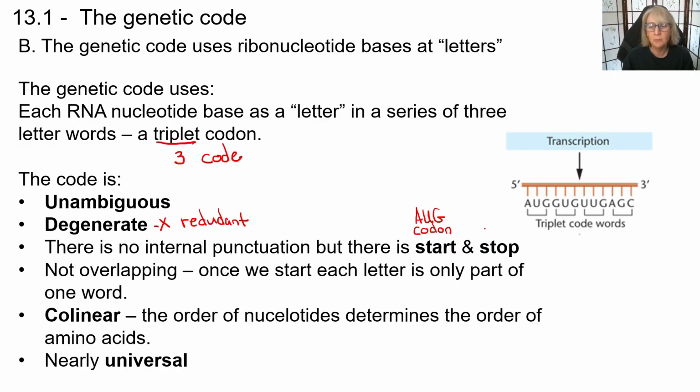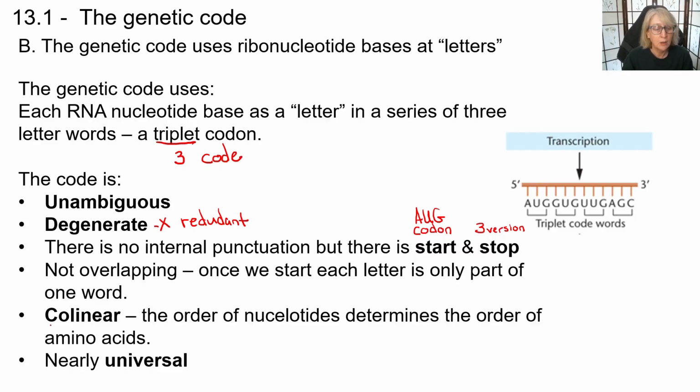The sentence that we write also has a stop codon. There are three versions of the stop codon that tell the ribosome that it is done with this particular polypeptide sentence. There is no internal punctuation, so there are no commas, no semicolons. Everything is one giant sentence made up of words that are 3 letters long. Each set of 3 letters is made out of 3 nucleotides of RNA.